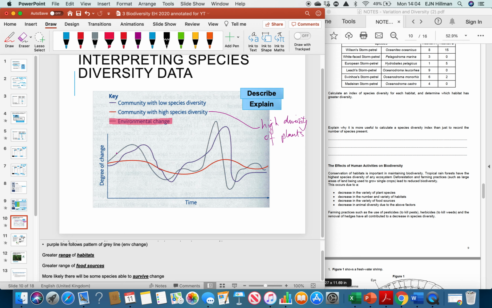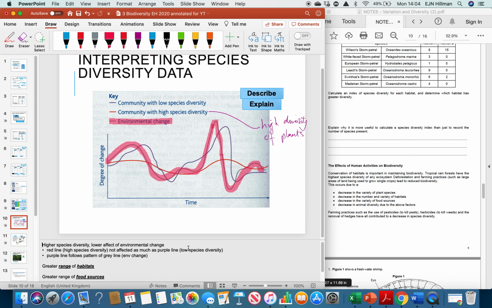Okay, so what we see here then, the grey line, well actually I'm going to highlight it now. Here. So there we go, this shows the environmental change. Now, that community with low species diversity, the purple line, let's see if I can make it a bit clearer.